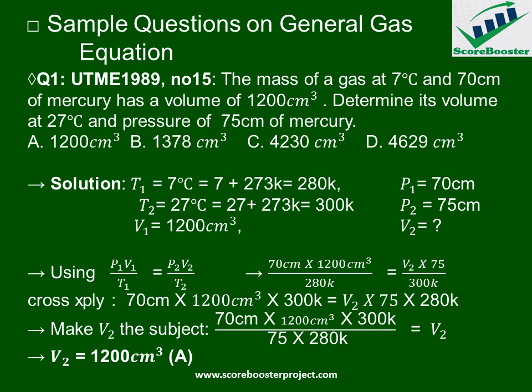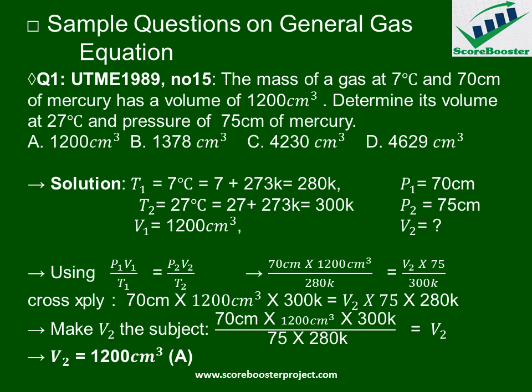As usual, the first step is to write out the given parameters, and from the question we are given the initial temperature T1 to be 7 degrees Celsius. On converting it to Kelvin, we add 273 Kelvin. So our 7 degrees Celsius will be equal to 7 plus 273 Kelvin, making 280 Kelvin.